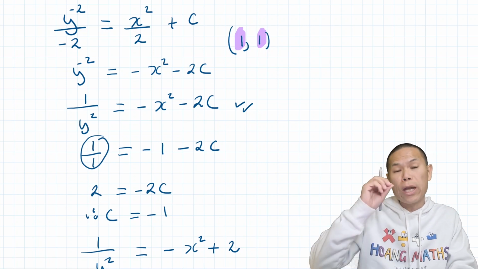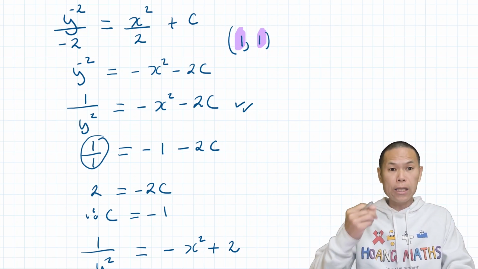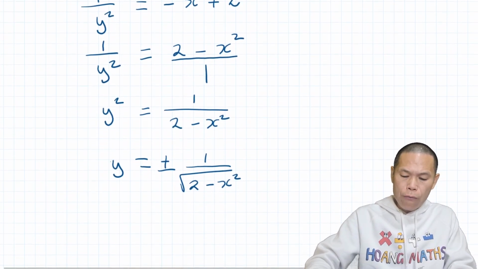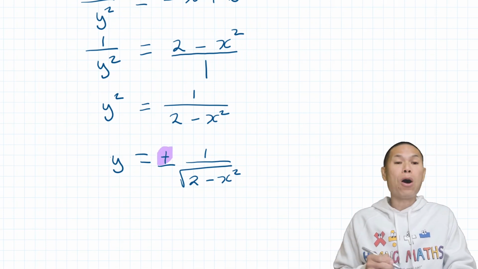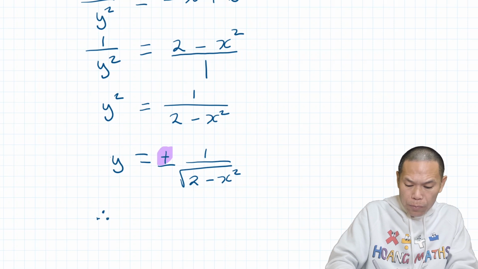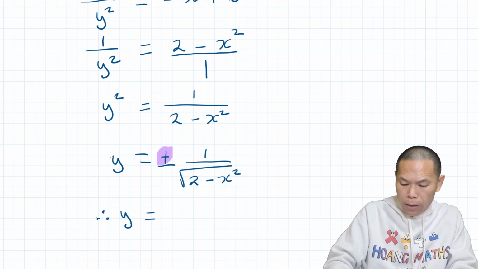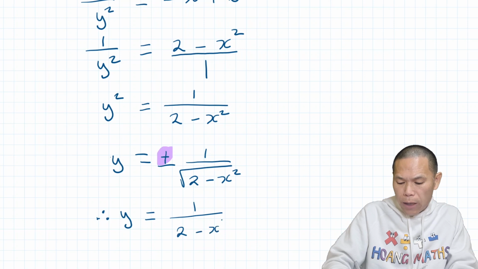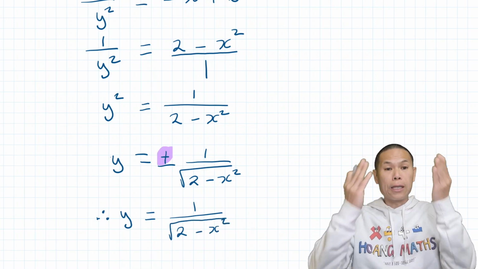In other words, when x is positive, y is positive. So therefore, we only take the positive answer. So this means that y is 1 over the square root of 2 minus x squared. So there you go.